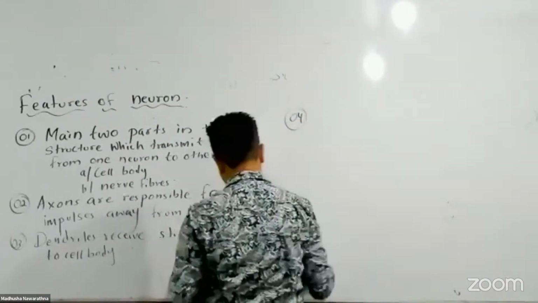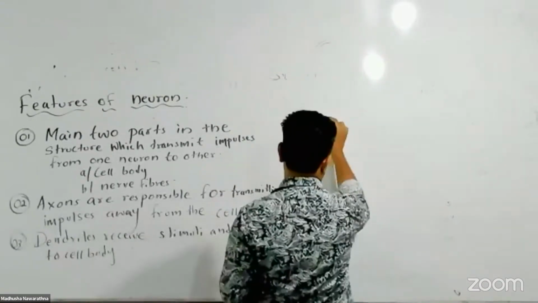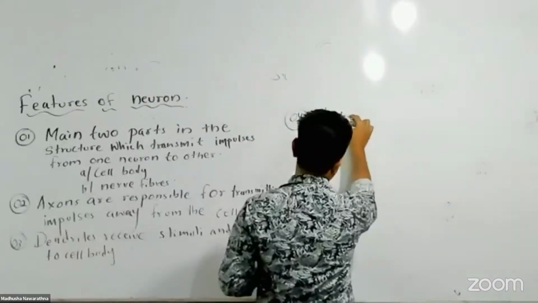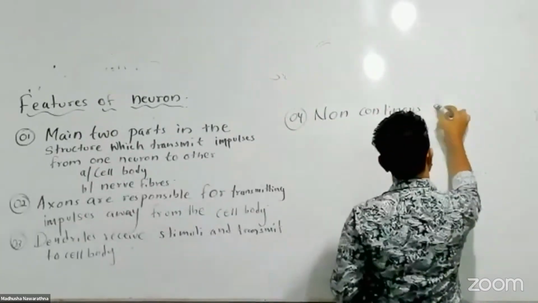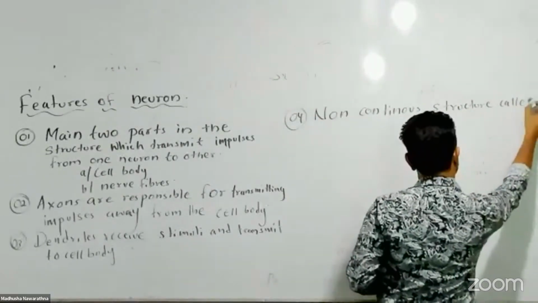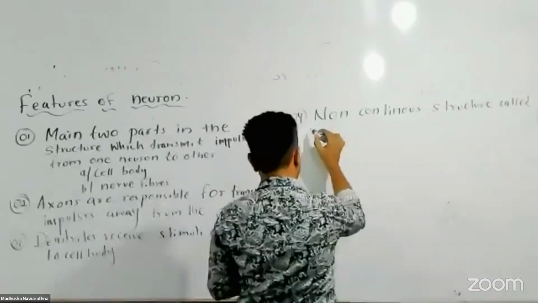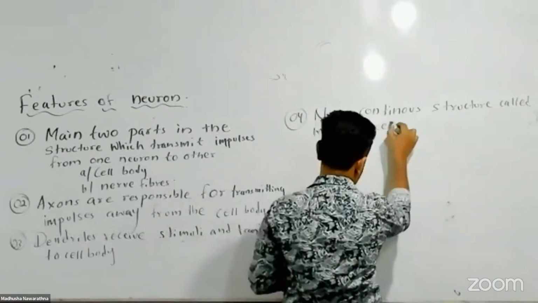Last one. We can observe the myelin sheath. It's a non-continuous structure called myelin sheath.